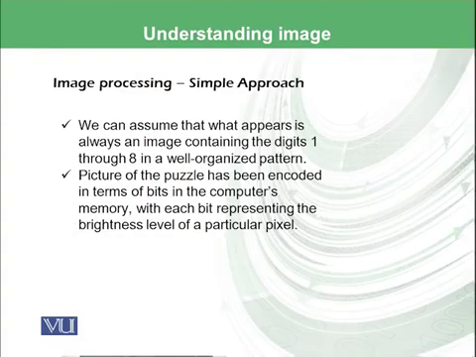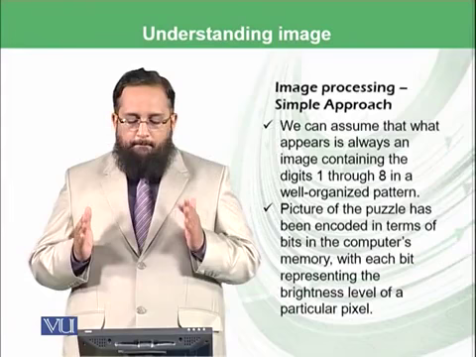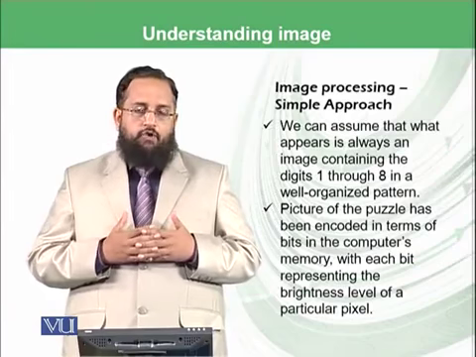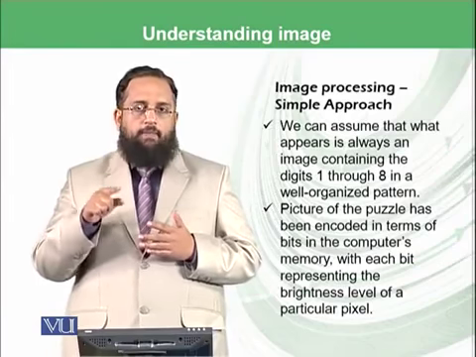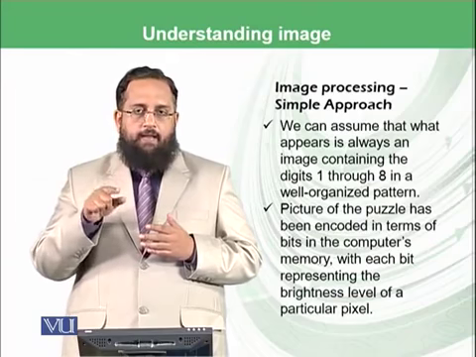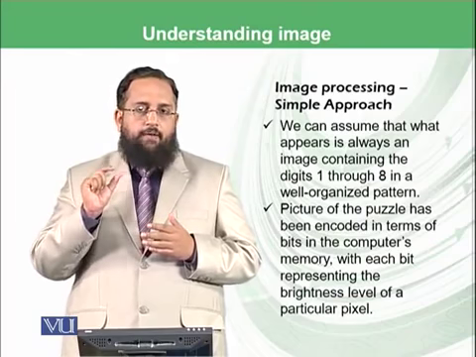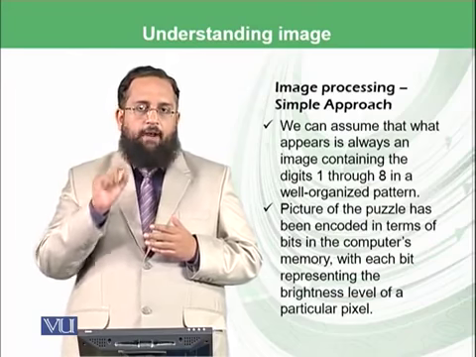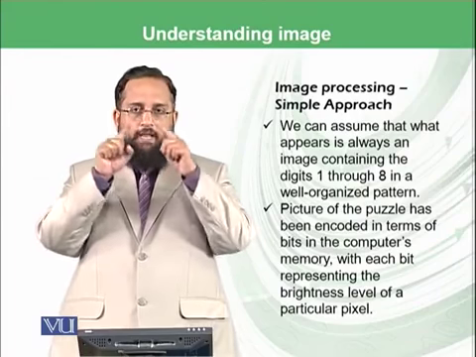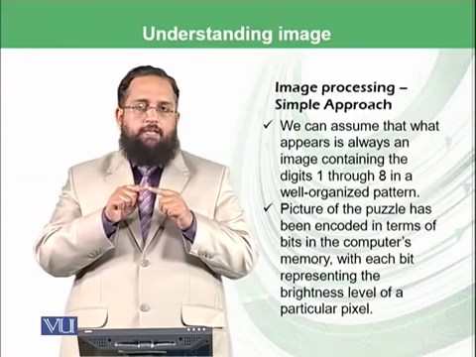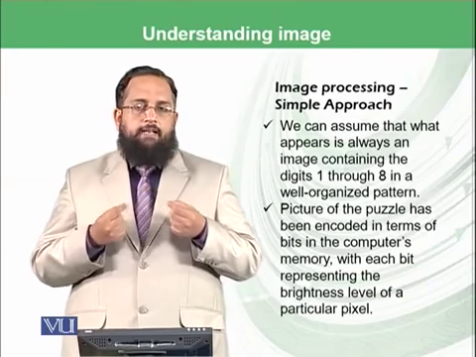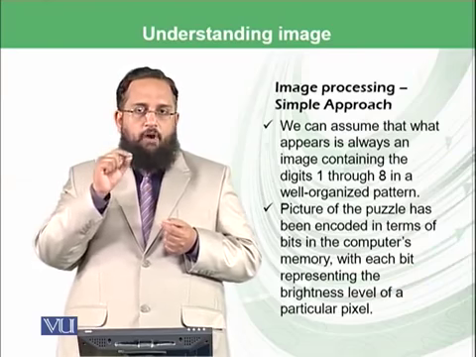The second thing is that the picture of the puzzle has been encoded in terms of bits in the computer memory. All of the bits, for example, the 1 has been written with a predefined pattern. If you take that square, it has a brightness level across small pixels.